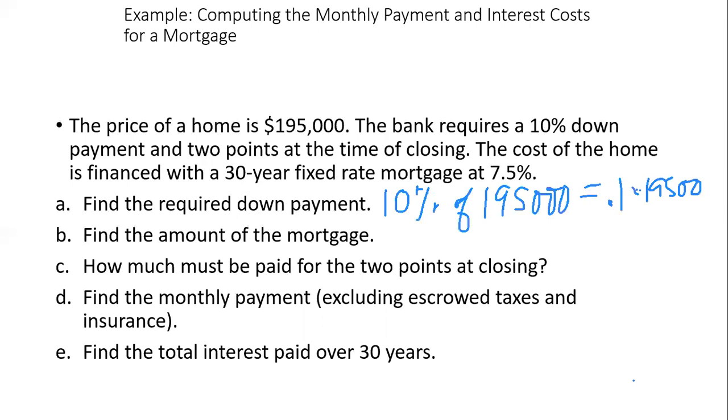So 0.1 times 195,000, which is $19,500. So you'd put that down first before the mortgage amount.